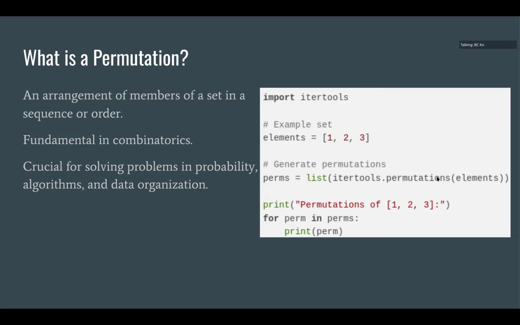And this function returns an iterator, so we can convert it to a list for easier handling. Then you can print each permutation by iterating through the list of permutations.